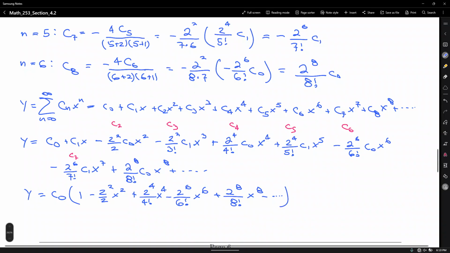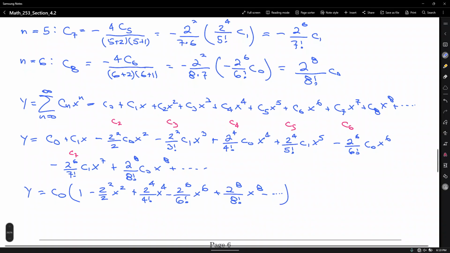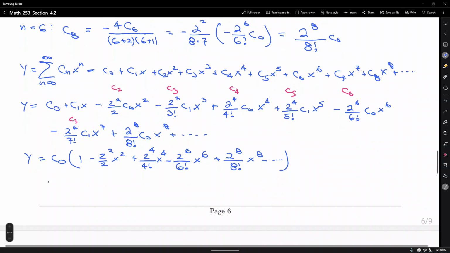Now let's do the same with the c sub 1s. So what do we get? I'm going to do it down here, and let me actually use brackets instead of parentheses.